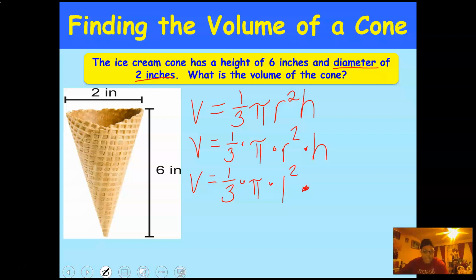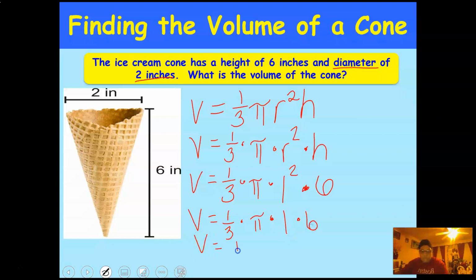And h is the height, and the height here is 6. So we have 1/3 times pi, which I'm going to leave as pi, and 1 squared is 1, times 6.